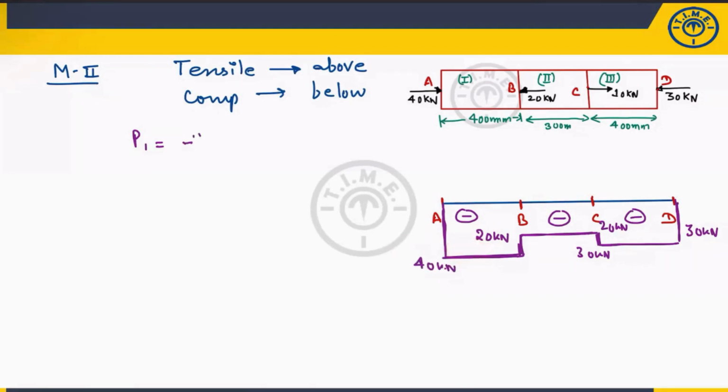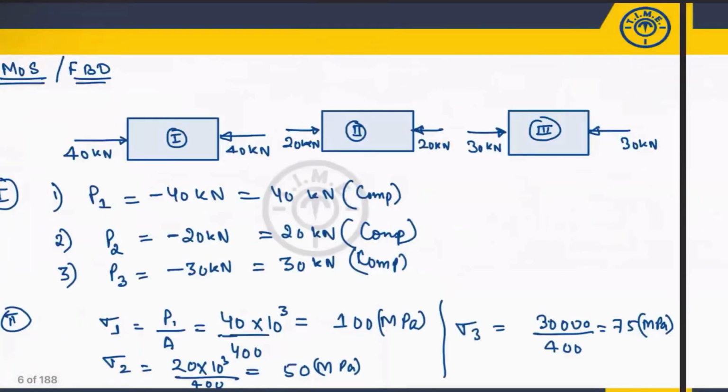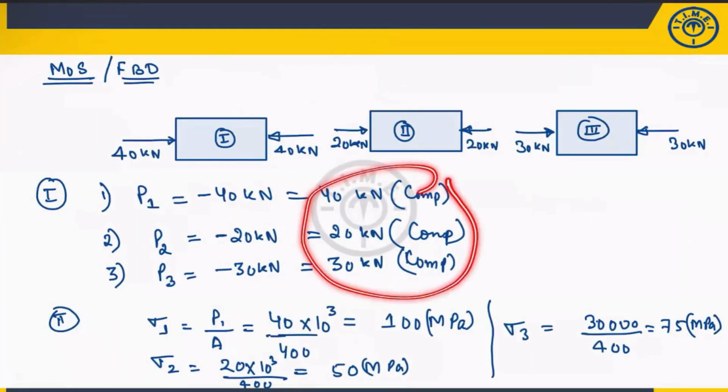Okay. 40 kilonewton compressive means, we'll simply write. What is P2 value? What is the load on P2? This value, which is nothing but 20 kilonewton, and it is a negative 20 kilonewton compressive. What is P3? P3 is nothing but 30 kilonewton compressive, and the same result you got from the free body diagram also. Okay.